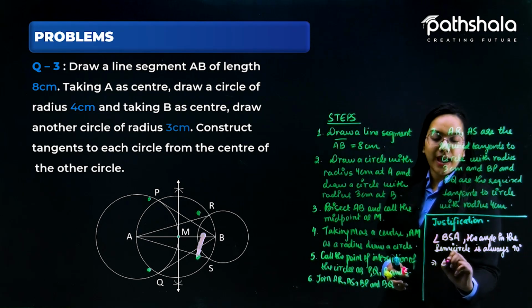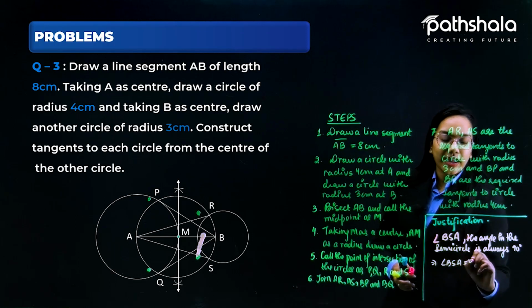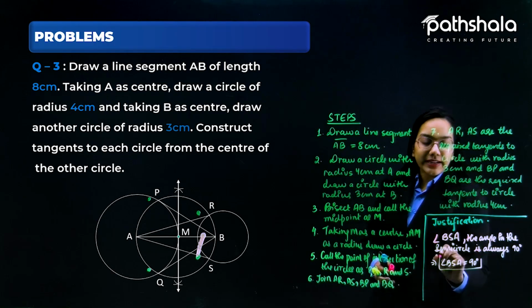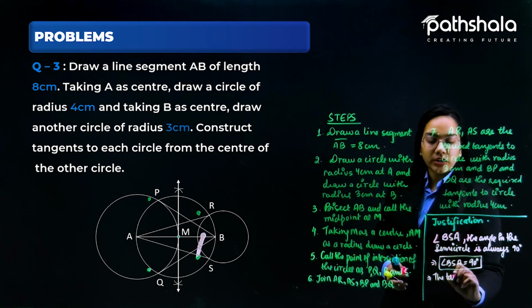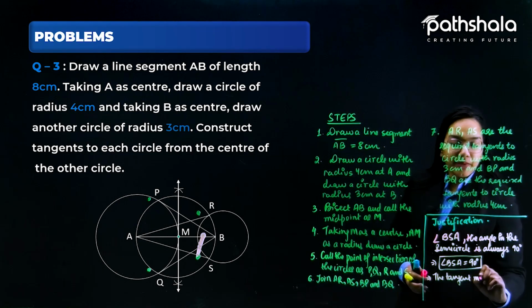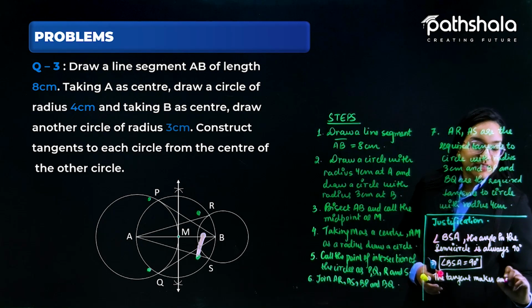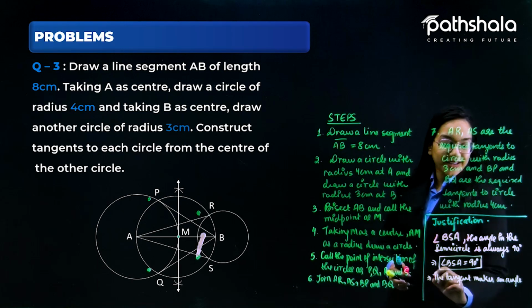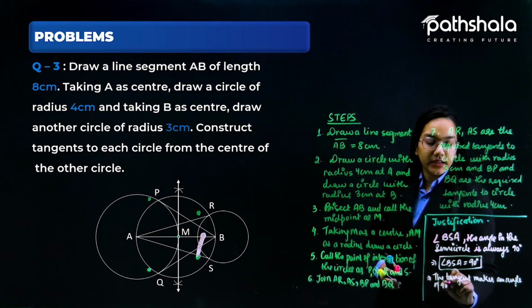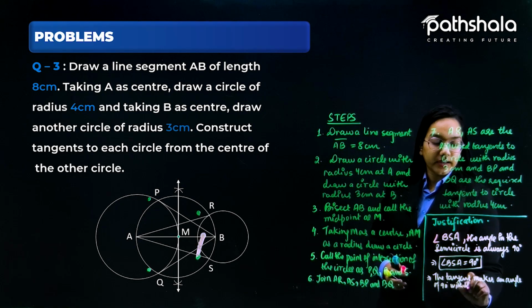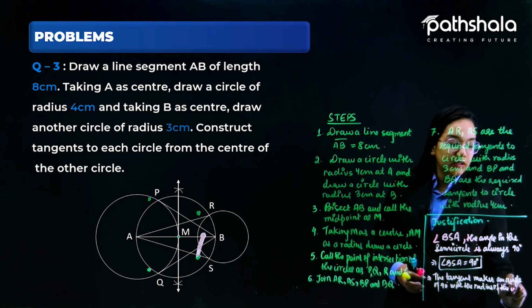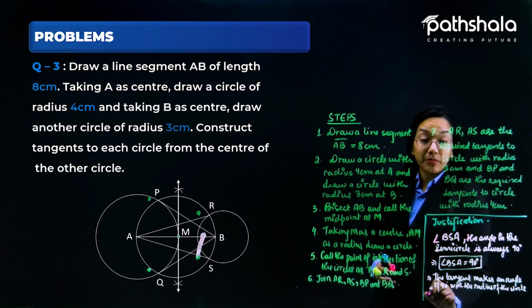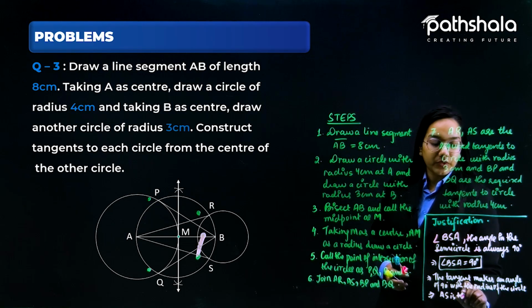It implies that the angle BSA is 90 degree, and we know that the tangent makes an angle of 90 degree with the radius of the circle, which implies that this AS is the tangent.